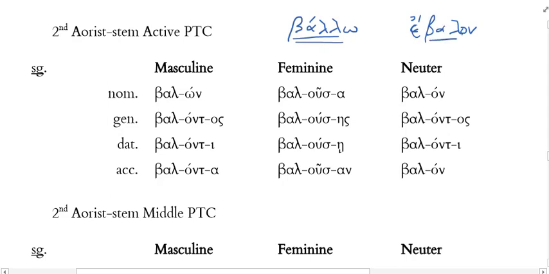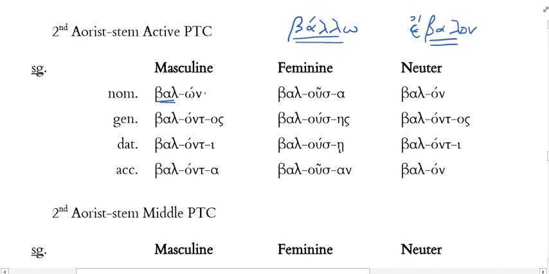Outside of my augment, connecting vowel and personal ending, my tense stem is beta, alpha, lambda with a single lambda. Okay, so that's the aorist stem. For my second aorist active participle, then, I'm going to use the stem with no augment. And then since there's no tense formative, I go straight to my connecting vowel, nu tau participle, and case endings.